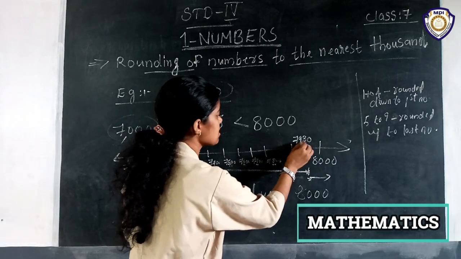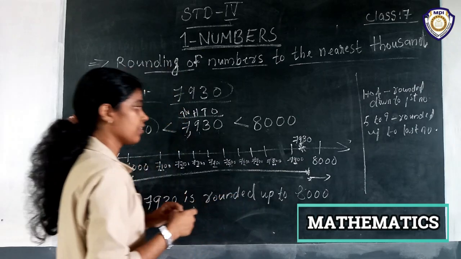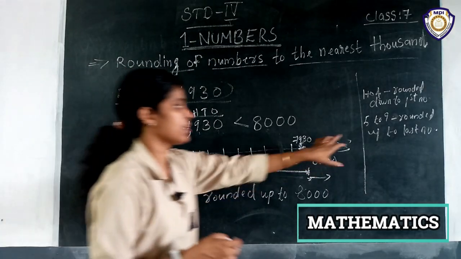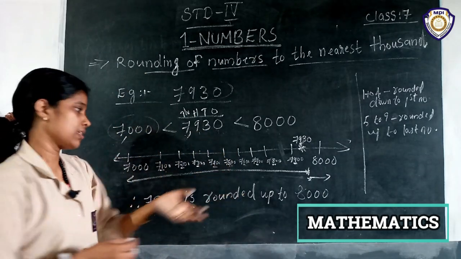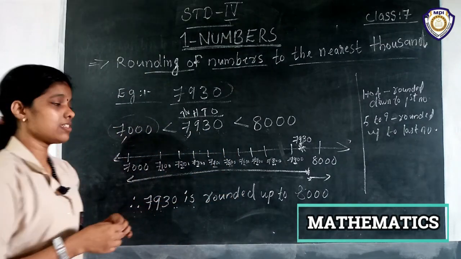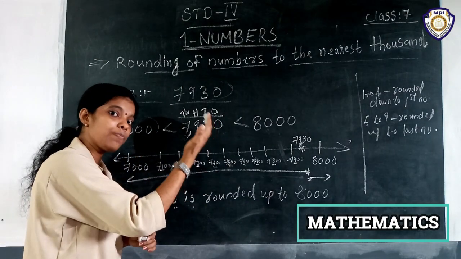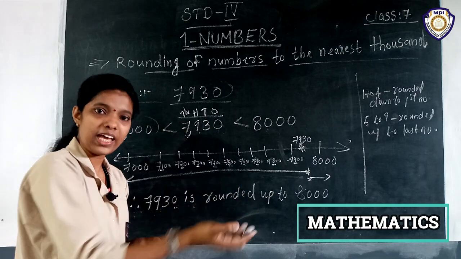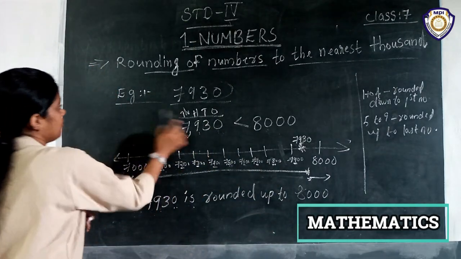In the number 7,930, 9 is in the hundreds place. Second category: 5 to 9 numbers are rounded up to the last number. Therefore, 7,930 is rounded up to 8,000.